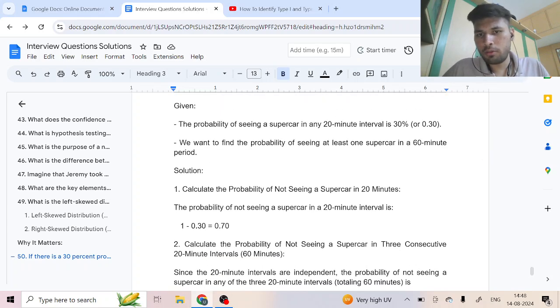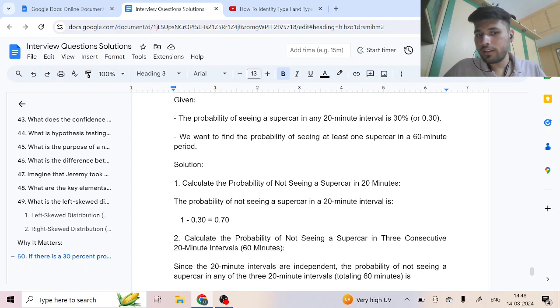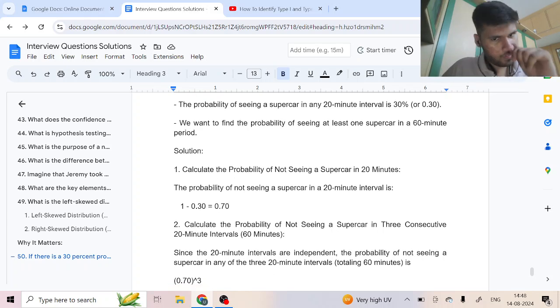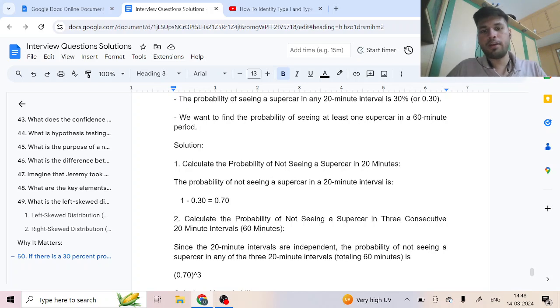We want to find the probability of seeing at least one supercar in 60 minutes. How can we calculate it? The probability of not seeing a supercar is 1 minus 0.30, which is 0.70 in 20 minutes.